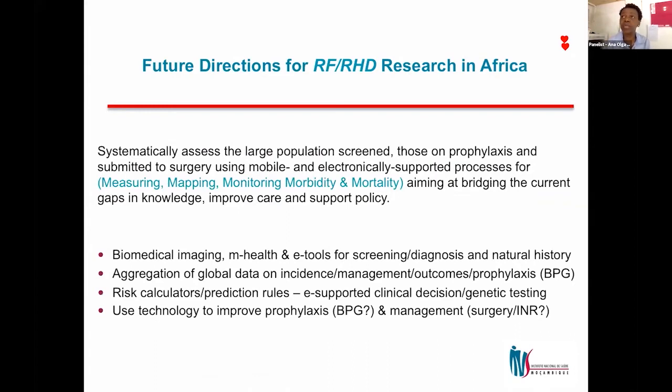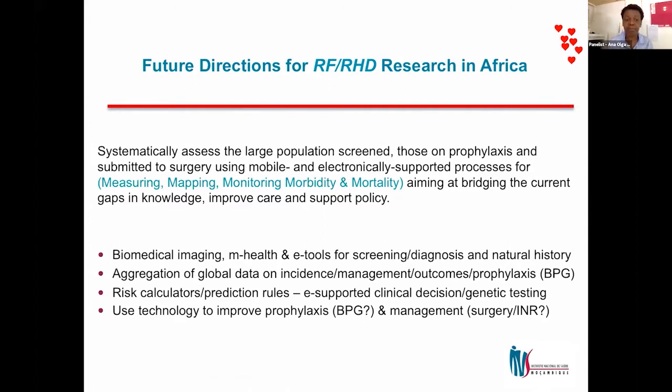So I would say that we can improve our knowledge by using data that is already available, by aggregating the several databases that we have to improve our measuring, mapping, monitoring of morbidity and mortality, aiming to bridge the current gaps in knowledge, improve care and support policy.